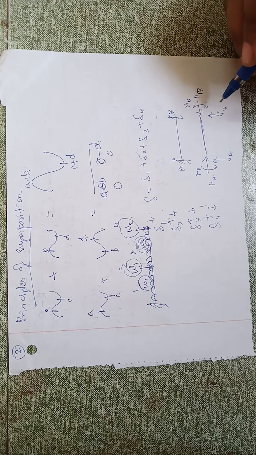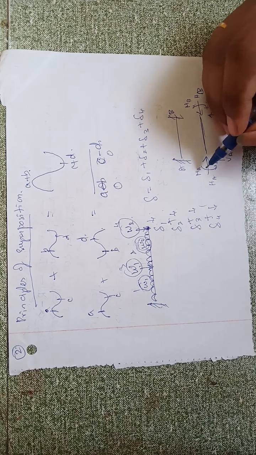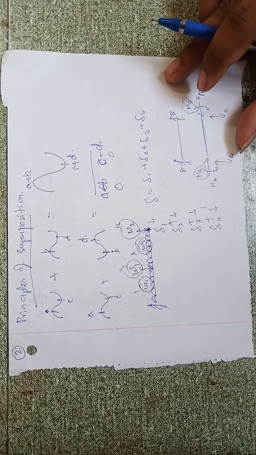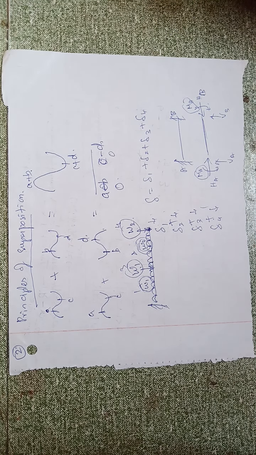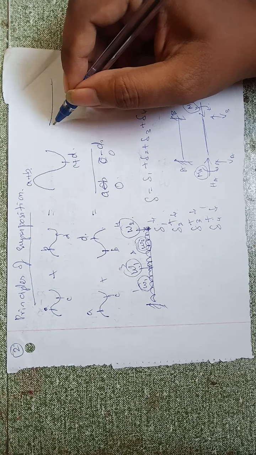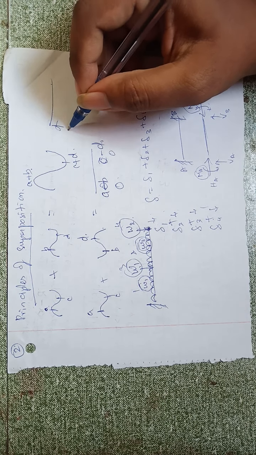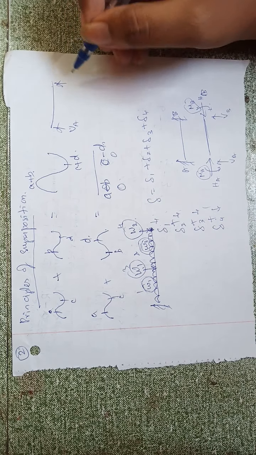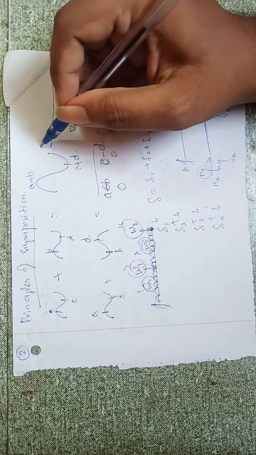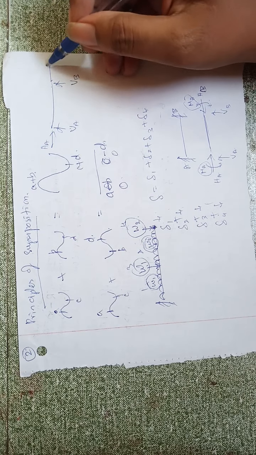So here is how the principle of superposition works. First I am going to remove MA and MB, which I don't know and have to calculate. Now the remaining forces you can see are VA, VB, HA and HB.